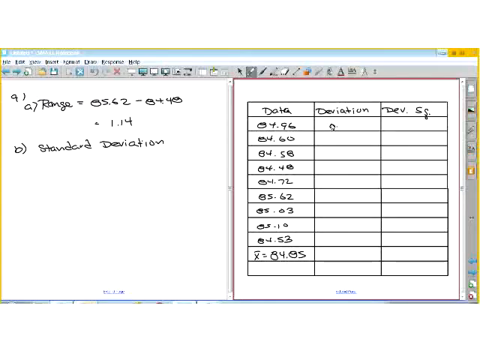So go ahead and do this, do it in your calculator as I'm doing it. And so this number is greater, so I should get a positive number there. Next one's smaller, so I should get a negative number.